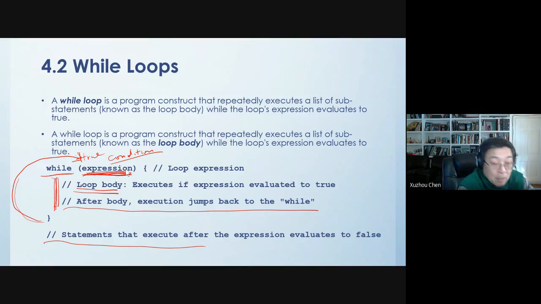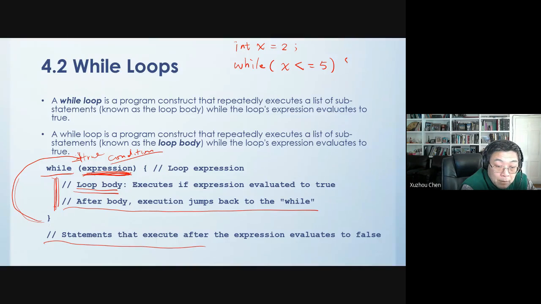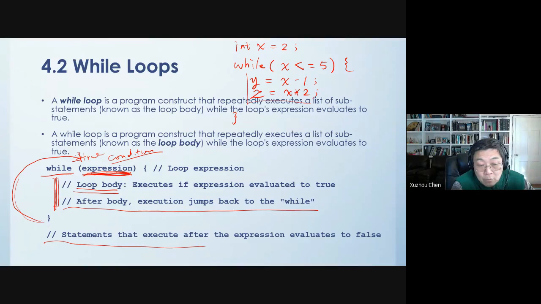For example, I declare x equals 2, and then I say while the condition x is less than or equal to 5, then I execute y equals x minus 1, z equals x times 2. These are two statements I want to execute if x is less than or equal to 5, which is the case, right?